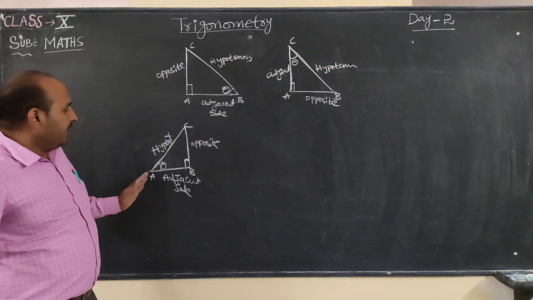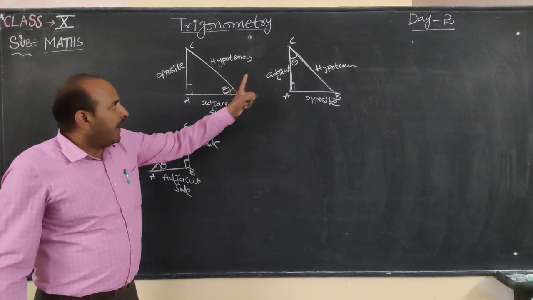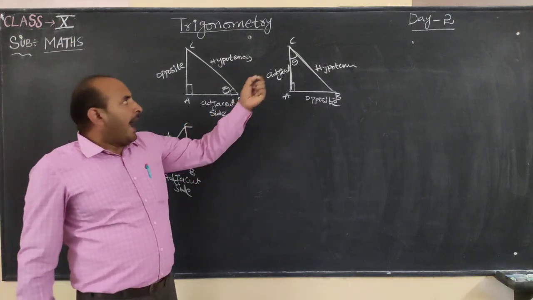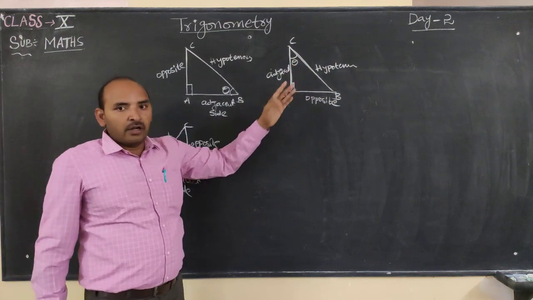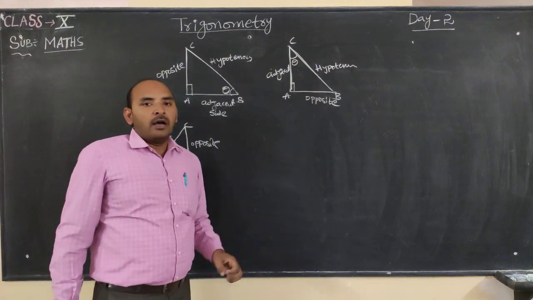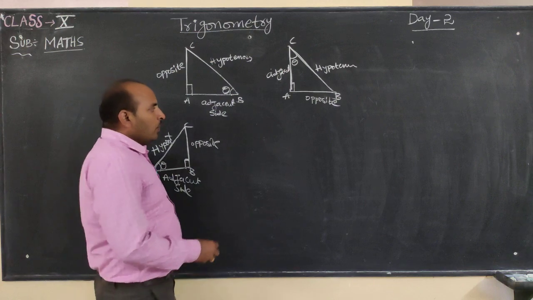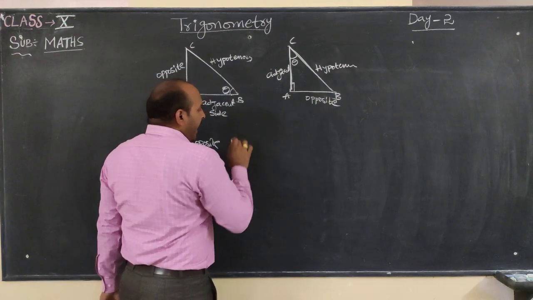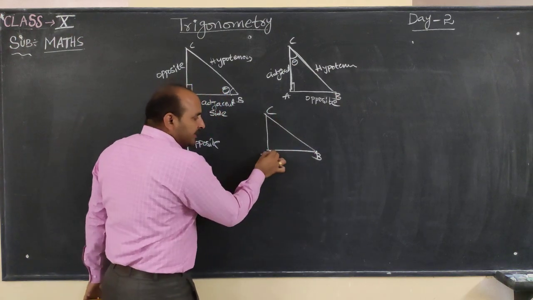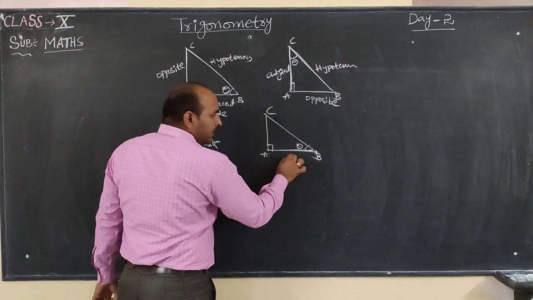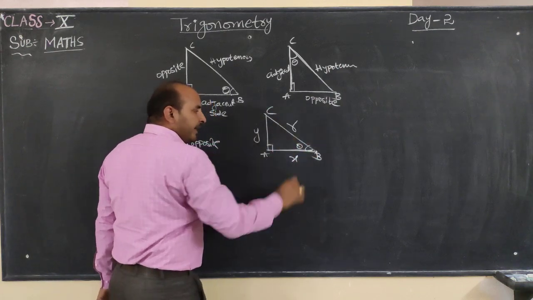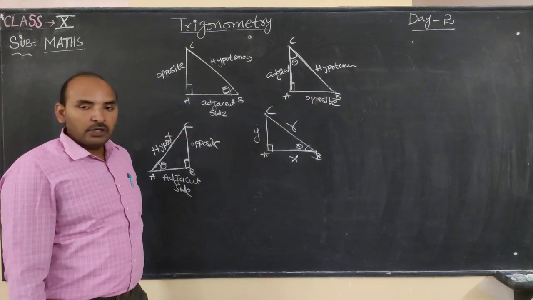So you can observe clearly at angle A, at angle B and at angle C, wherever in the right angle triangle, when the angle is present in either A, B, C other than 90 degrees, we have to observe carefully and identify the hypotenuse, opposite and adjacent sides. Now suppose this is the right angle triangle ABC, the base is x, that is the adjacent side, the opposite side is y, and the hypotenuse we can take as r.